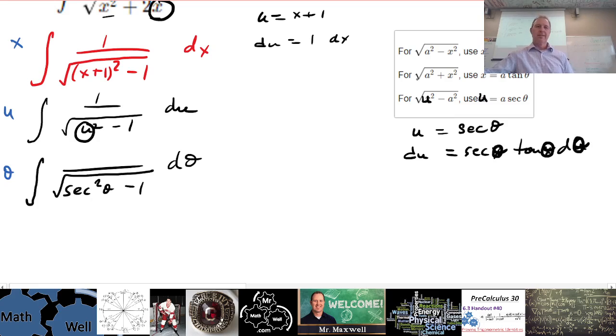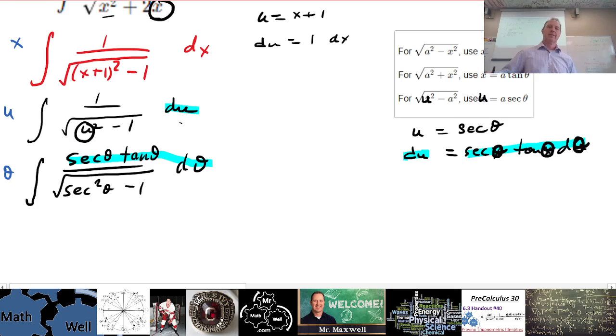So du, which is this one right here, is going to have secant theta in there, tan theta in there, and then we can put our d theta. So du right here becomes secant theta tan theta d theta. All right, this is a long one. This is a bit of a tricky one, but not impossible.